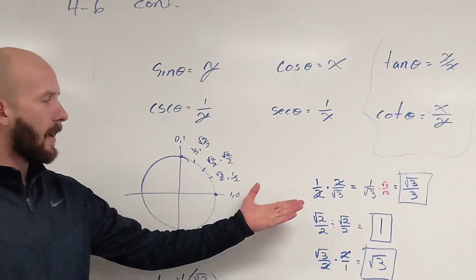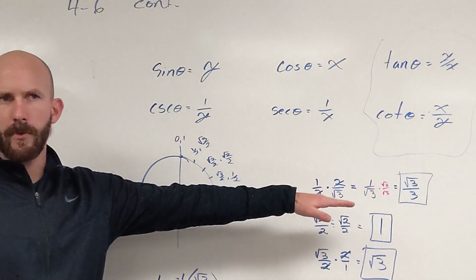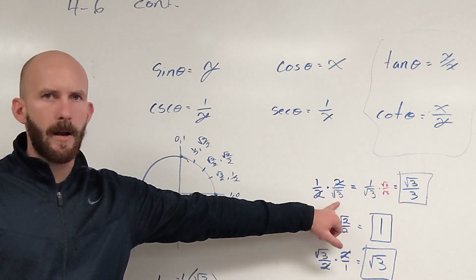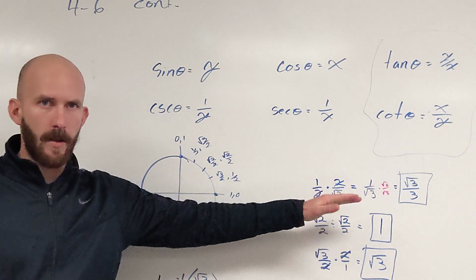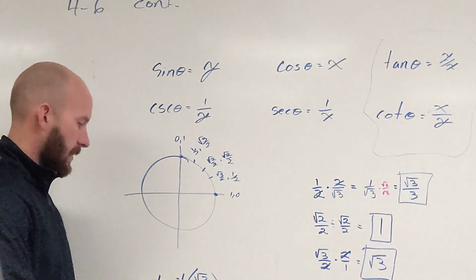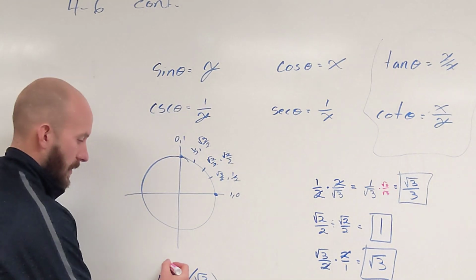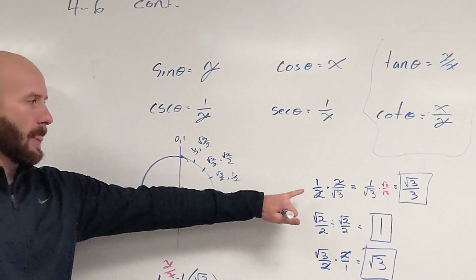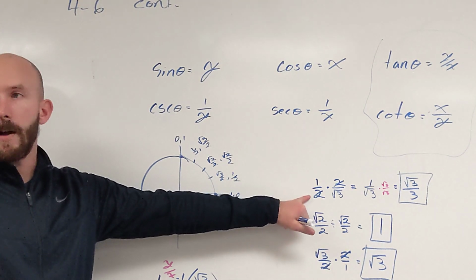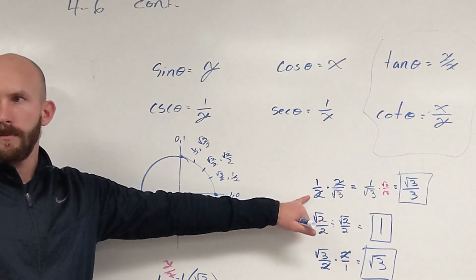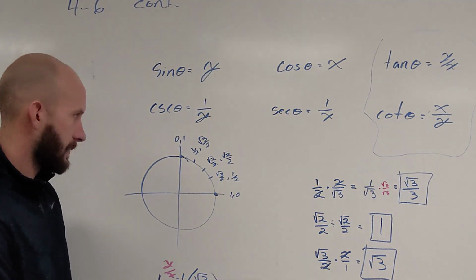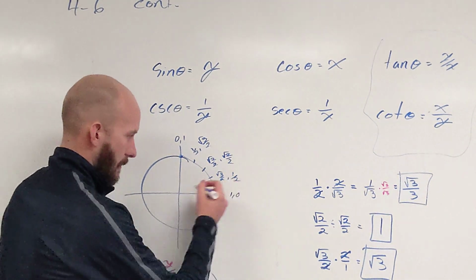And so if I know, hey, I got square root of 3 over 3 from taking 1/2 divided by square root of 3 over 2, right? So since tangent is y divided by x, I know the y value has to be 1/2, right? Okay, so what angle does that have to be? Pi over 6. Yeah, pi over 6.